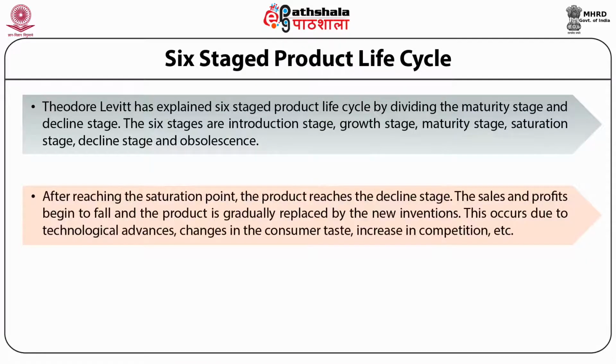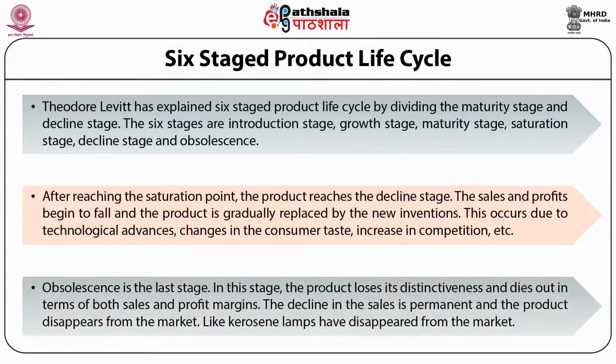The decline stage. The sales and profit begin to fall, and the product is gradually replaced by new inventions. This occurs due to technological advances, changes in consumer taste, increase in competition, etc. Obsolescence is the last stage.